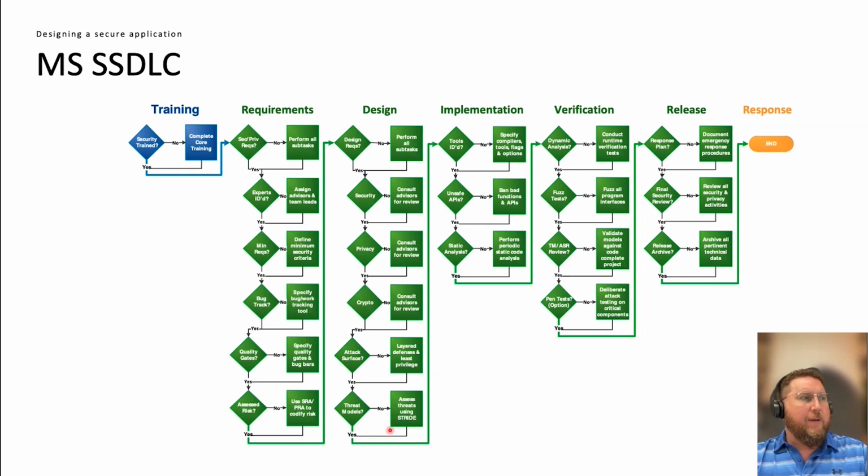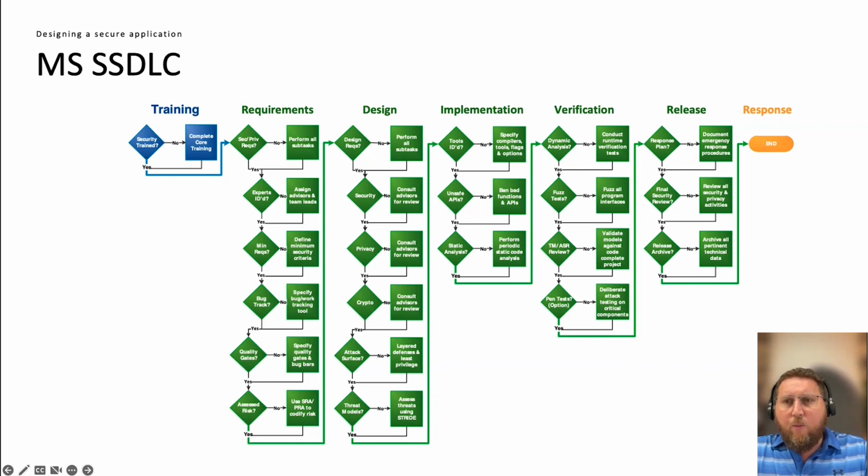Now, Microsoft, for example, for threat modeling, they say assess threats using STRIDE, because Microsoft came out with STRIDE, if I'm not mistaken, and they are still using that because it does apply for everything today. It's not the best, it's not the worst, it depends on your situation. Then static analysis, have you done reviews? Do you have a release archive? So all of this is accounted for in the Microsoft Secure Development Lifecycle.